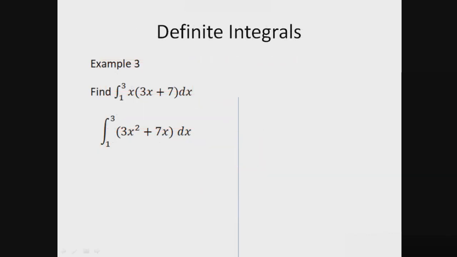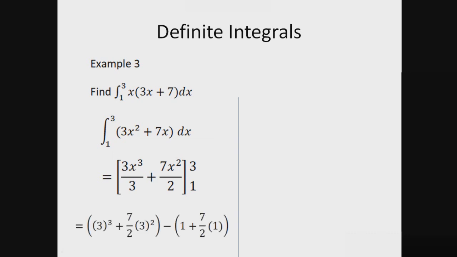Example 3. Find the integral from 1 to 3 of (3x^2 + 7) dx. We integrate as usual, so we get 3x^3 over 3 plus 7x^2 over 2, with the lower limit 1 and the upper limit 3. We substitute the upper limit, 3, into the function we have integrated, and then subtract the value at the lower limit, 1.